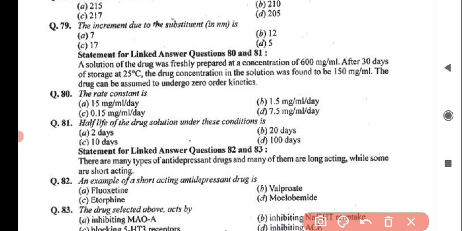Now the question is the rate constant is, and the correct answer is option number A, 15 mg per ml per day. Next question is half-life of these conditions is, the correct answer is option number B, that is 20 days.